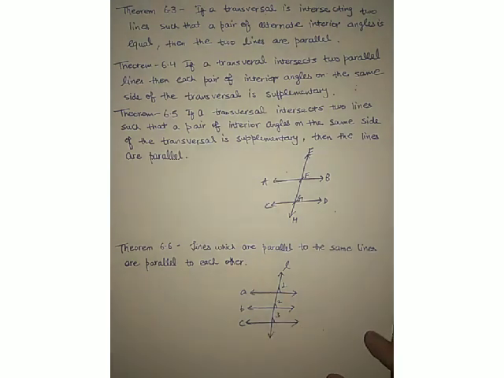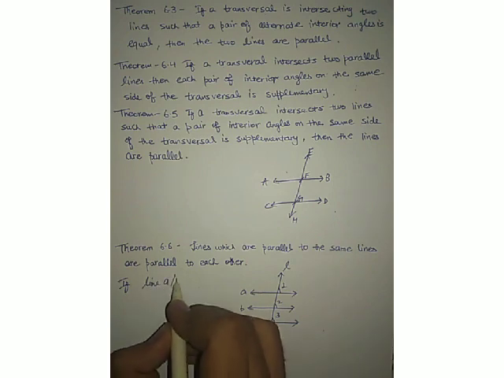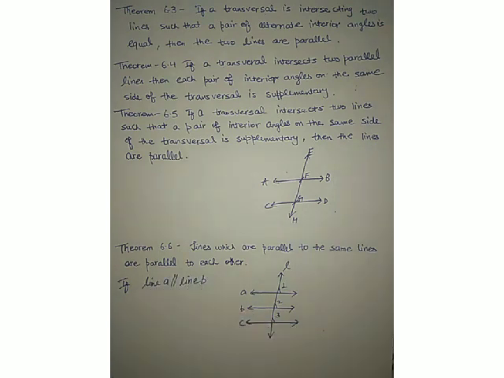According to this theorem, if line A is parallel to line B, and line B is parallel to line C, or we can say that if line A is parallel to line B and also line A is parallel to line C, then line B will also be parallel to line C. It's very simple, and this can be extended to more than 3 parallel lines as well.